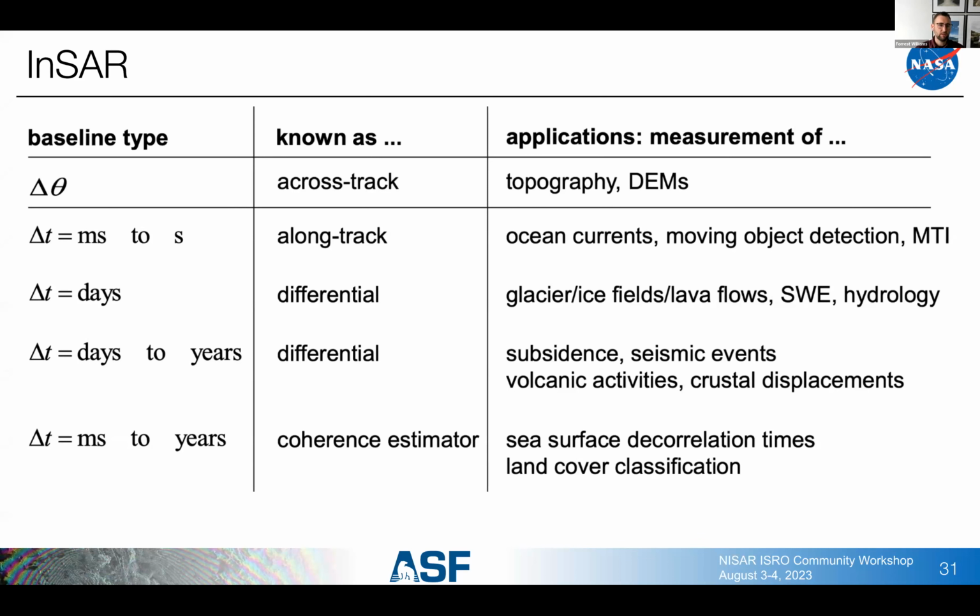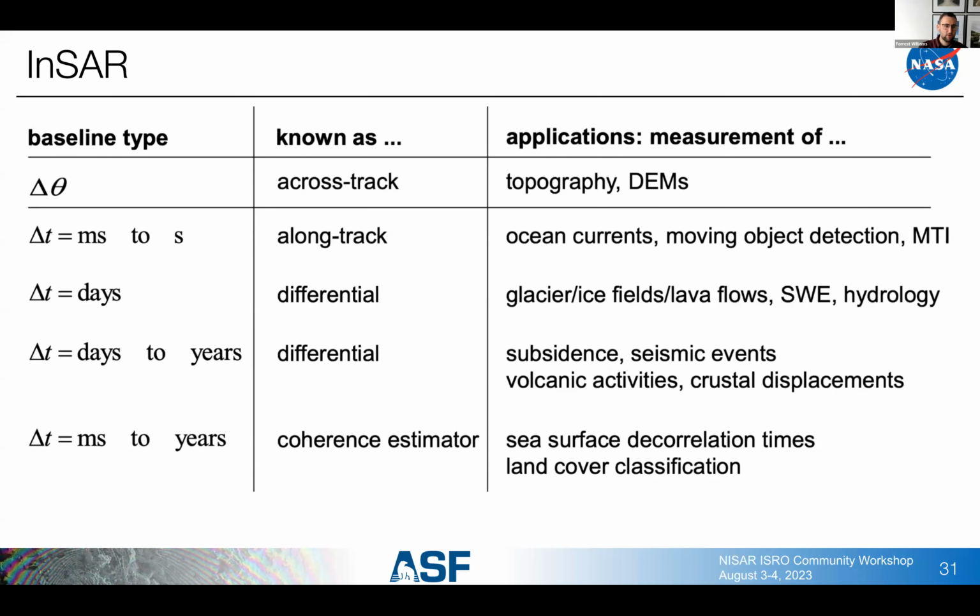And this you will sometimes hear called differential InSAR. But this is probably the most common form of InSAR, so many people just call it InSAR and leave off the differential component. And this is the type of InSAR most people are interested in. This is the type of InSAR that you would use to measure volcanic activity, the motion of the Earth due to earthquakes, or even something as small as landslide activity.